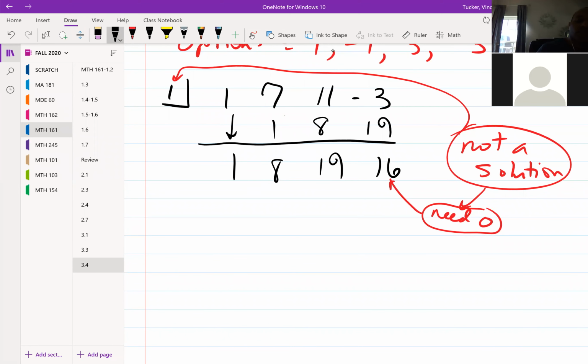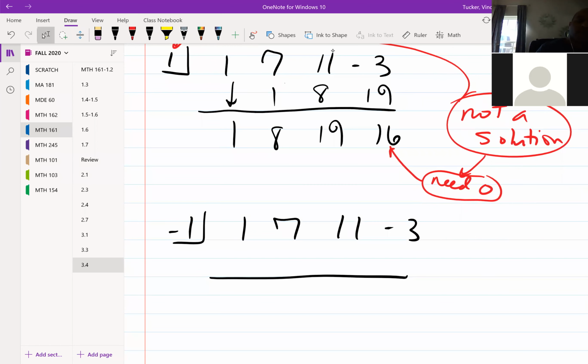Let's try -1. Follow the same process. Bring down 1. -1 times 1 is -1. 7 plus -1 is 6. -1 times 6 is -6. 11 plus -6 is 5. -1 times 5 is -5.